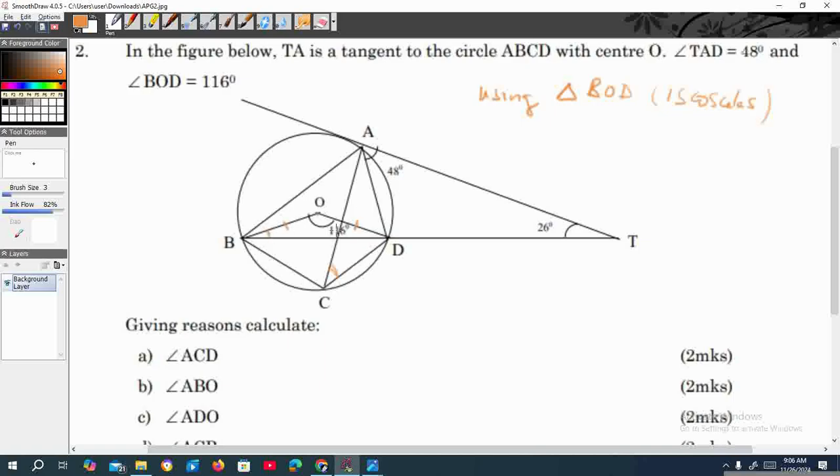That would mean this angle and this angle are the base angles, and they're going to be equal. So to get the two angles, you take 180 minus 116. This is going to give you 64. You divide this by 2 and it will give you 32 degrees. So each of these angles will be 32 degrees.